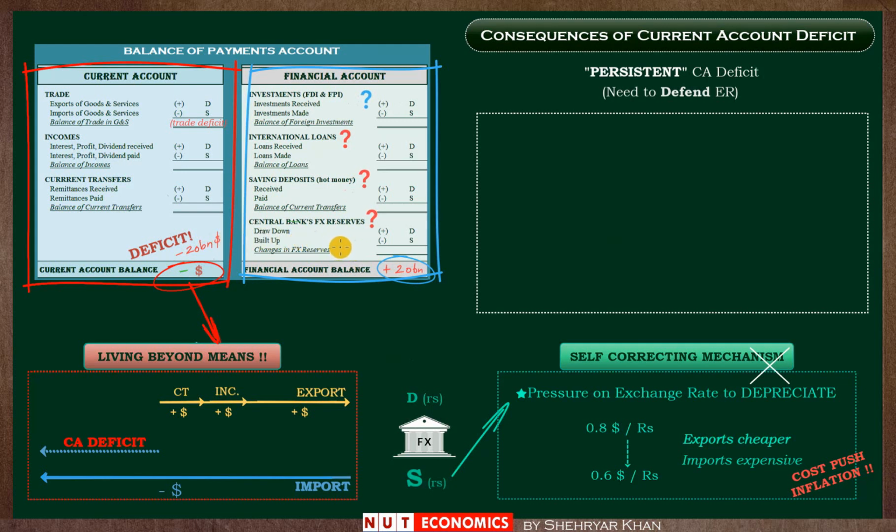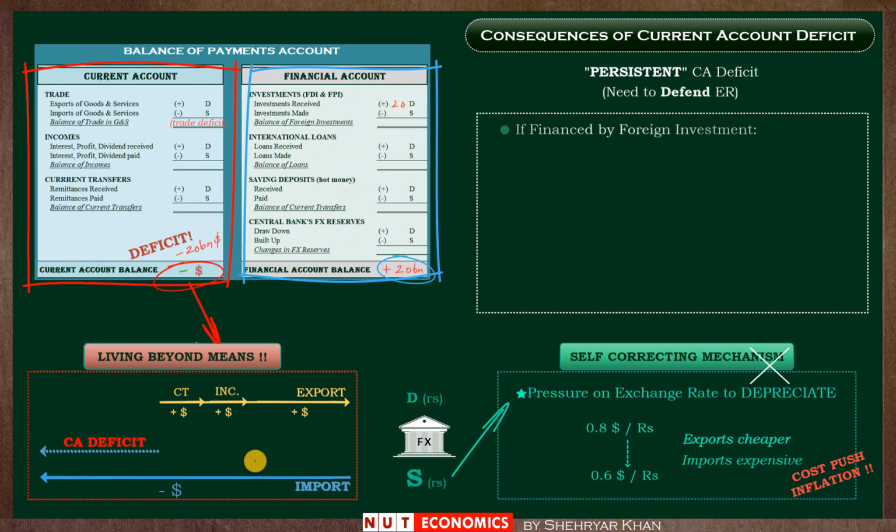That is what matters, because the only safe way out for a country with persistent current account deficits, when it tries to defend its exchange rate, the only safe option, or you can say the best case scenario, is if these current account deficits are financed by an opposing amount of net inflows of foreign investments.